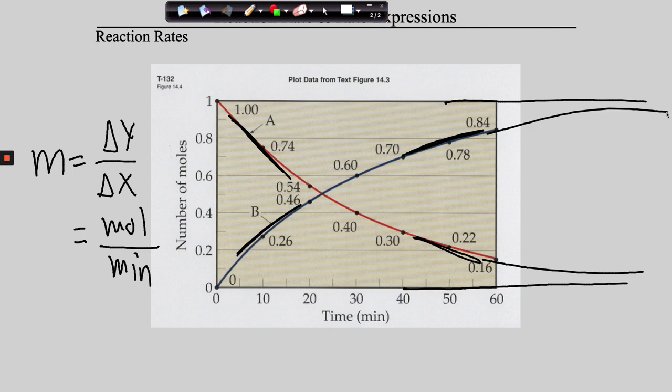So now we've got to talk about Elizabeth's concern. When I said all reactions slow down, I like the way she said it. Those are strong words, and they are. But this is the, can I use the word caveat? This is the stipulation. You're not doing anything to the reaction to force it.